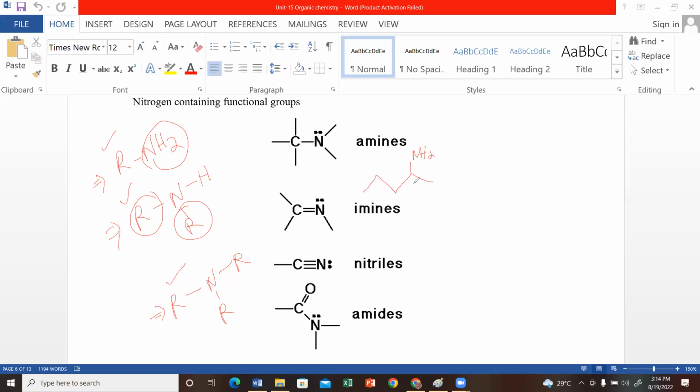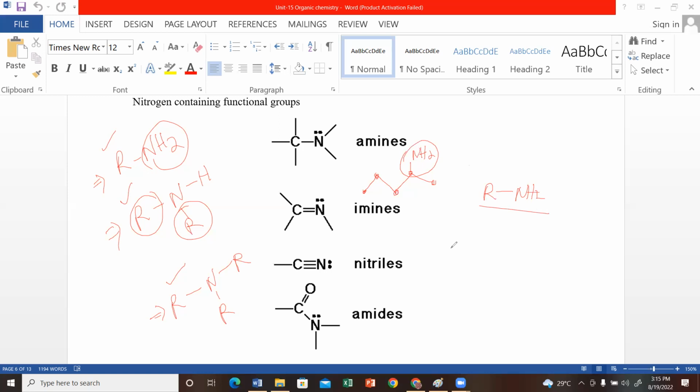First of all, whenever you are going to identify the functional group in any organic compound, try to find out the heteroatom. As we know that these are carbon 1, 2, 3, 4, and 5. That is a 5-carbon chain, and the heteroatom is over here. So we will convert it into general form. The whole carbon chain would be R, and the functional group is NH2. That means it is primary amine.